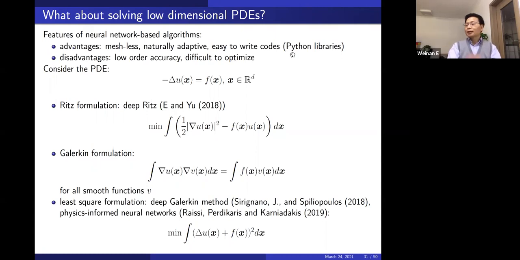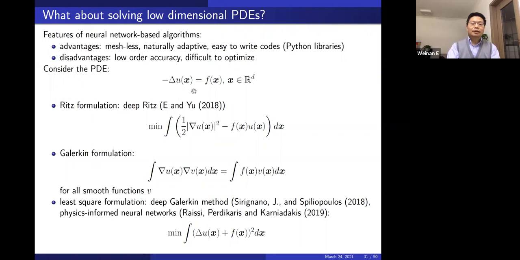It's just a feature of the fact that people have developed a lot of tools for Python. There are also very distinctive disadvantages. For example, it's low order accuracy, half order accuracy at most, and it's difficult to optimize. These are non-trivial disadvantages.